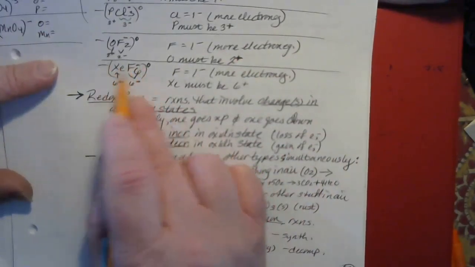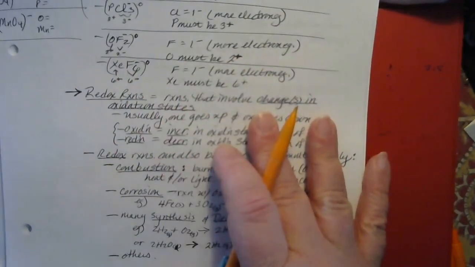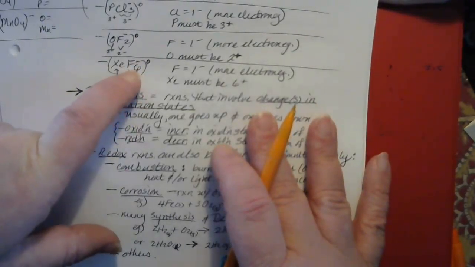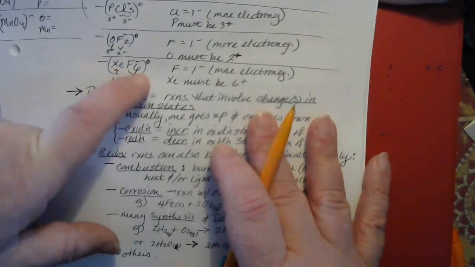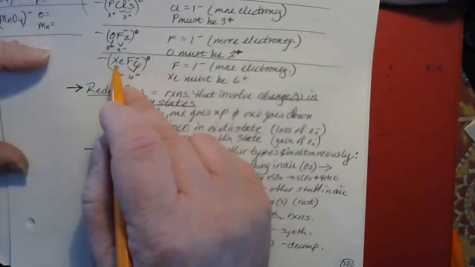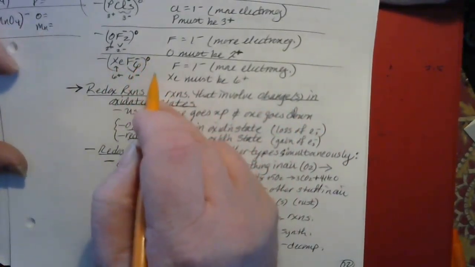Xenon hexafluoride is one of only a couple of compounds known to form among the noble gases. And notice how you have to combine it with the most electronegative element there is in order to get xenon to form a compound. And XeF6 is xenon hexafluoride. It's a compound, so the overall charge is 0.